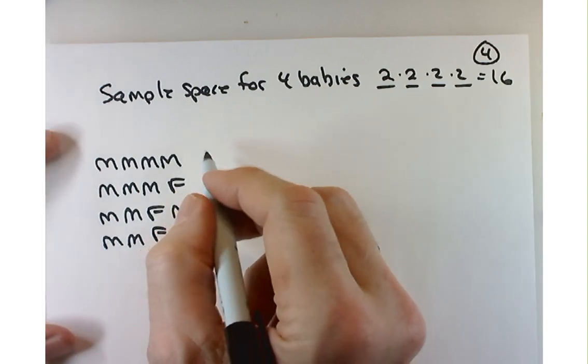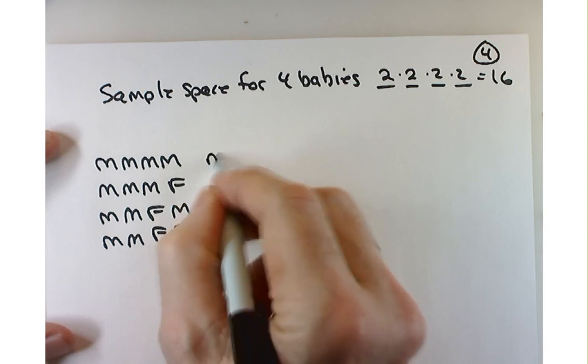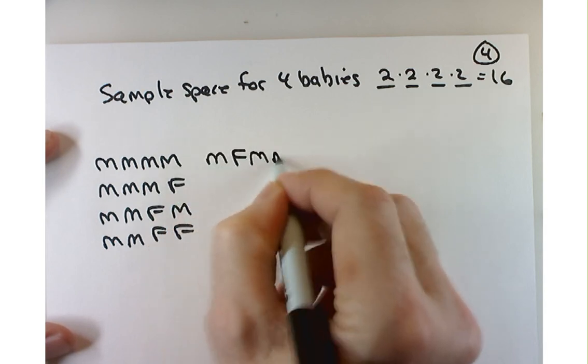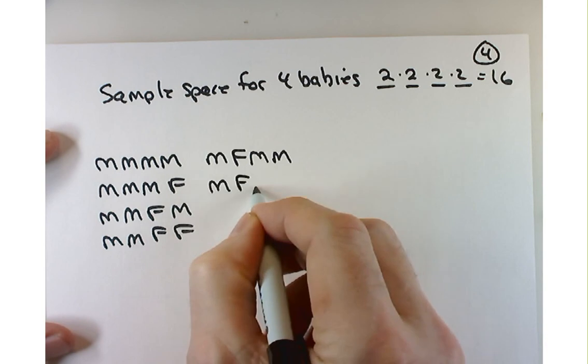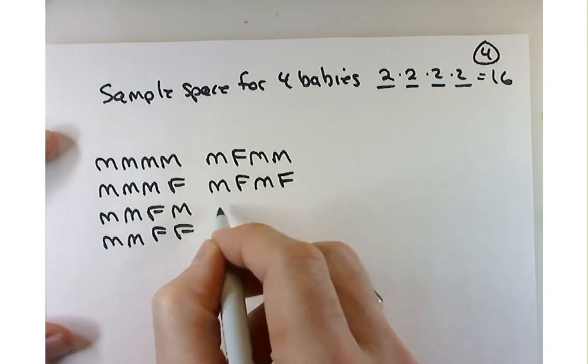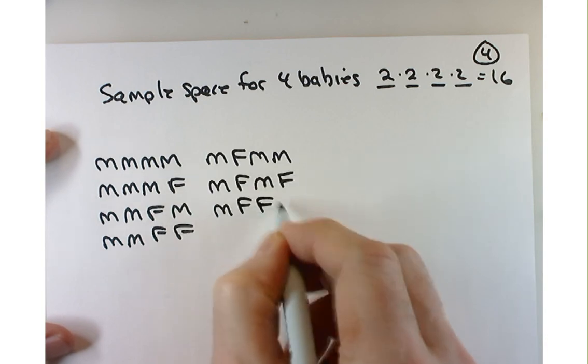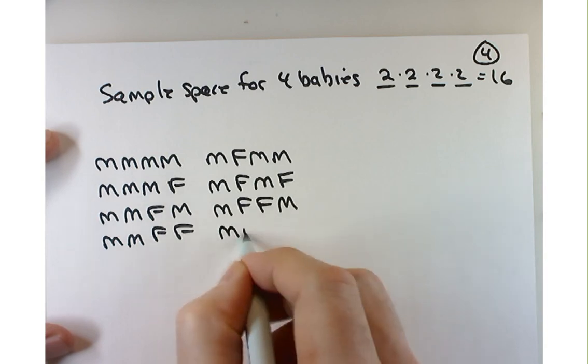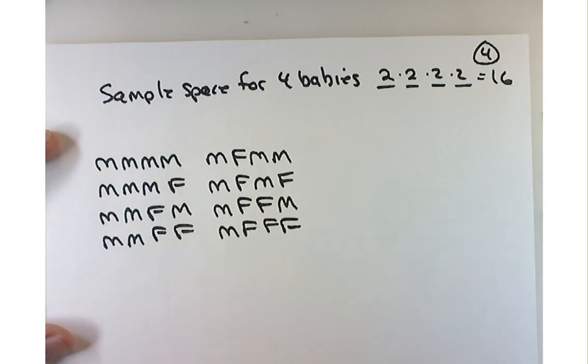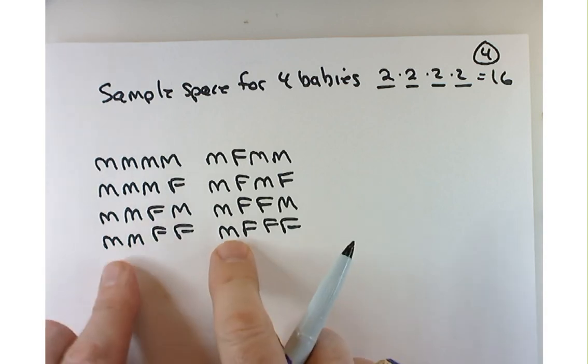There's M, F, M, M, M, F, M, F, M, F, F, M, M, F, F, F. So I'm halfway there. Now I got to start changing up this first letter.